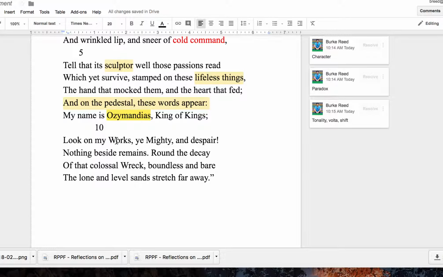We have colossal, wreck. We have lone, level, stand, and stretch. Again, emphasizing the way in which the sculptor or Ozymandias is describing these things. It sounds like he has built this vast, expansive, successful kingdom, and everything around the kingdom seems to just have decayed.